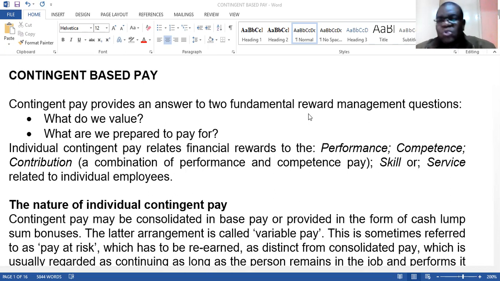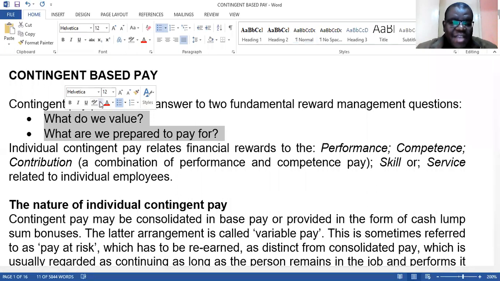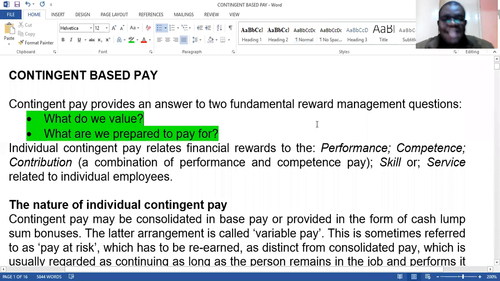Because the fundamental question in reward is you ask yourself, what is it that you value as an organization, and what are you prepared to pay for? That which you value and that which you are prepared to pay for forms the basis for rewarding your employees.